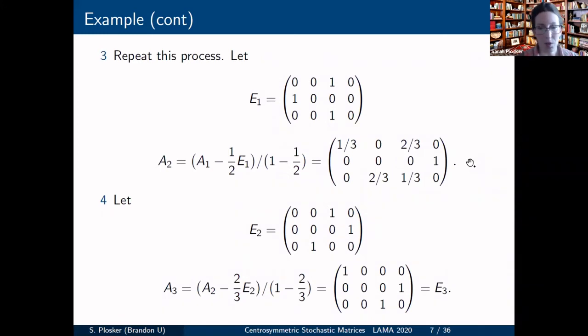And there are fewer positive entries. I keep doing that. Here I selected 2/3, 1, and 2/3. So 1, 1, 1. I subtract off 2/3 times this E2, and I divide by 1 minus 2/3. Then my resulting matrix A3 is actually a rectangular permutation matrix, so I can stop at that point.